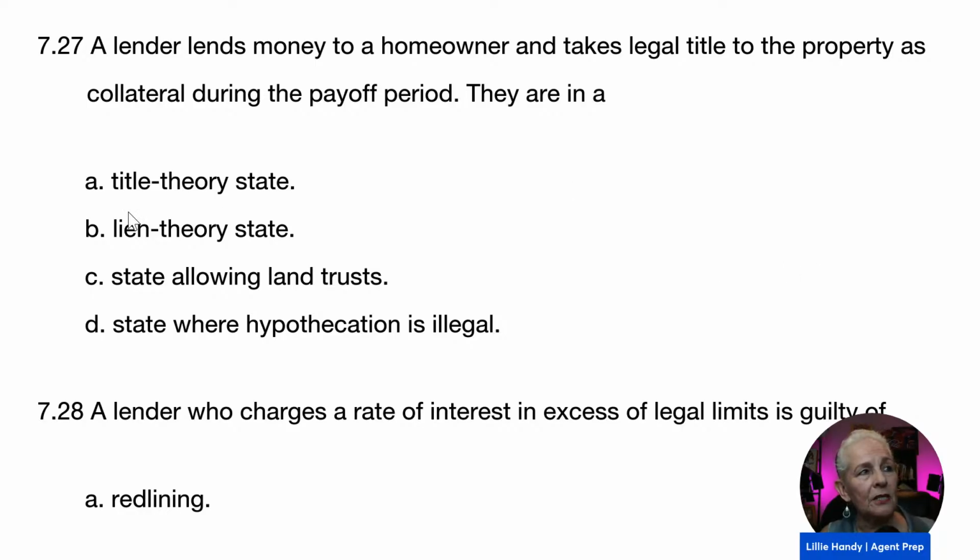So this is a title theory state. So the lender lends money to the homeowner and takes legal title. So the answer is A, as collateral during the payoff period.